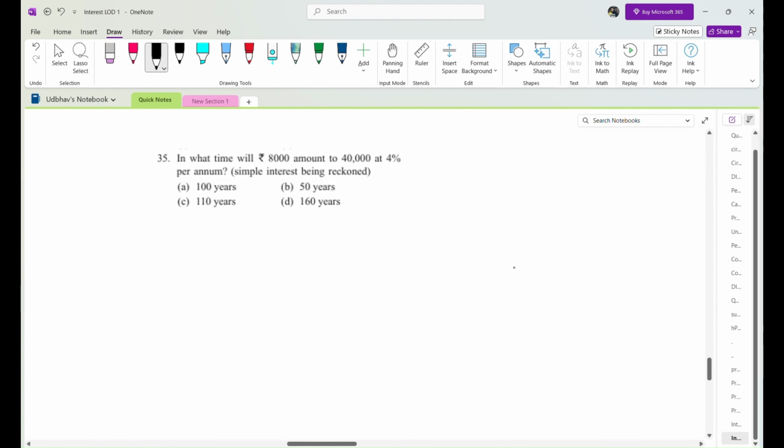In what time will 8,000 amount to 40,000 at 4% simple interest? 8,000 amounts to this. This is not the interest, this is the amount.